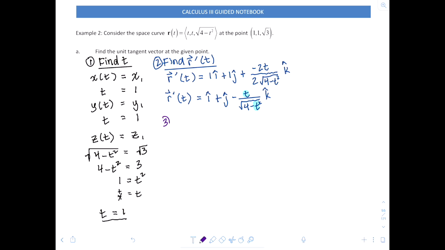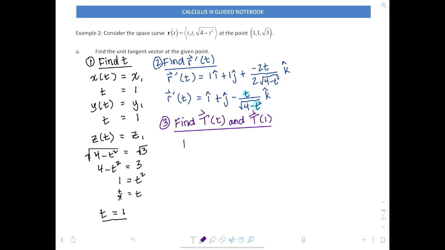So thirdly, we want to find T at t and then T at 1.